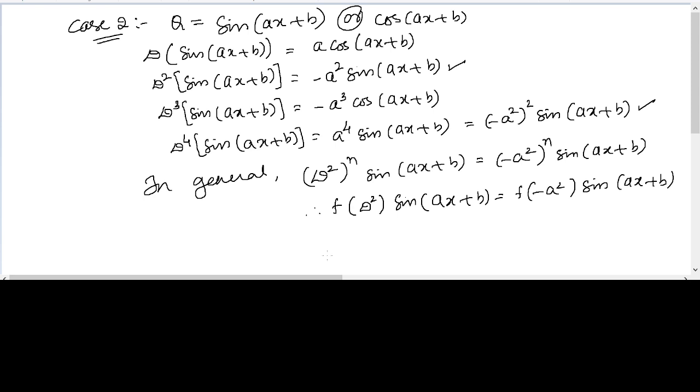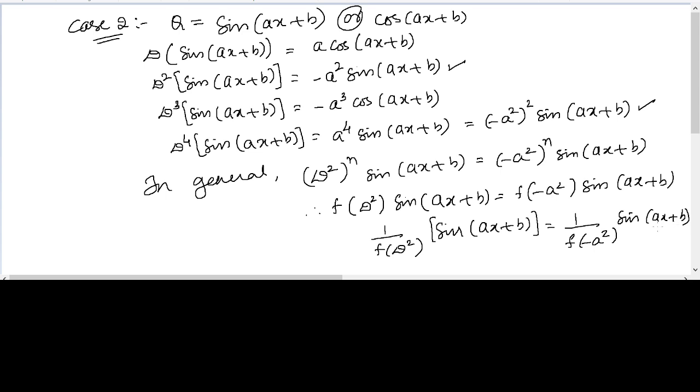So by rearranging the terms we are going to get 1 by f of D square of sine of ax plus b is equal to 1 by f of minus a square into sine of ax plus b.